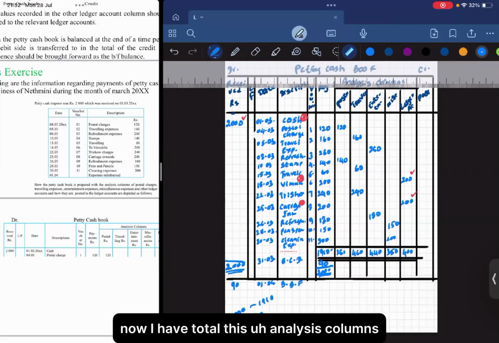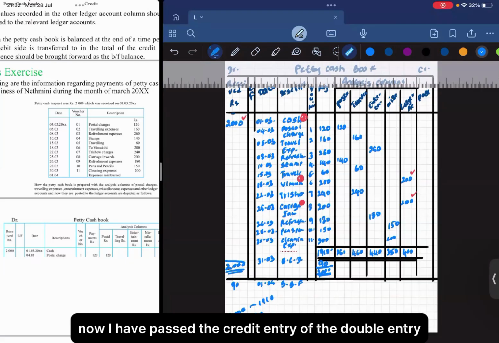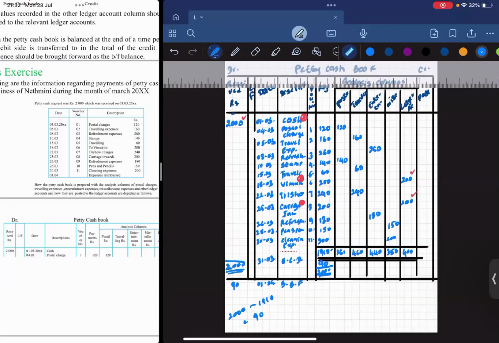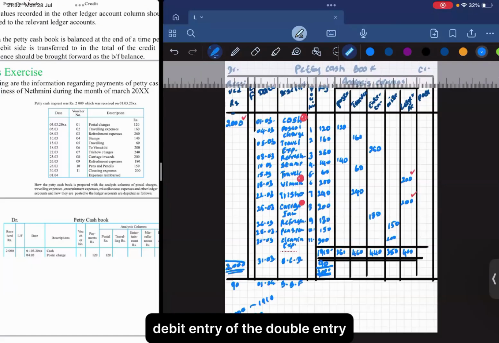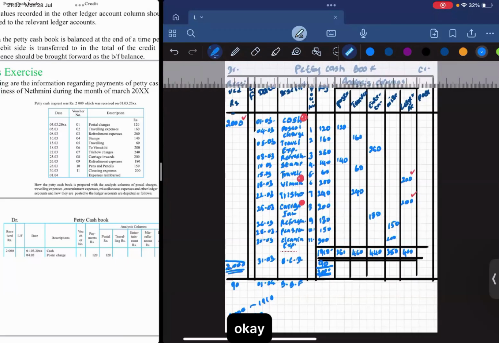Now I have totaled these analysis columns, and these I will have to post to ledgers. Now I have passed the credit entry of the double entry. Now I will have to pass the debit entry of the double entry. So I will have to post it to respective ledger accounts.